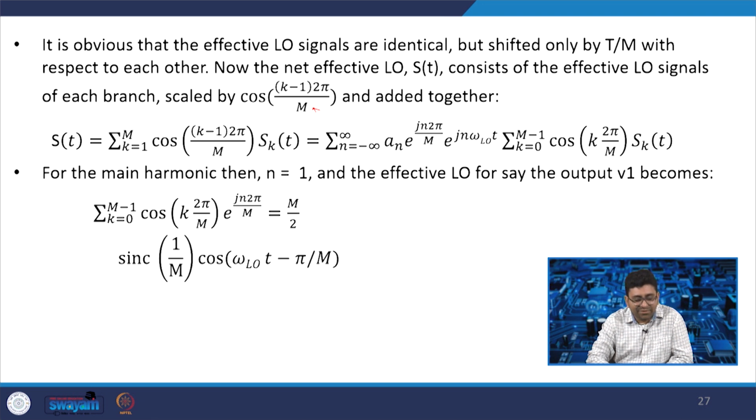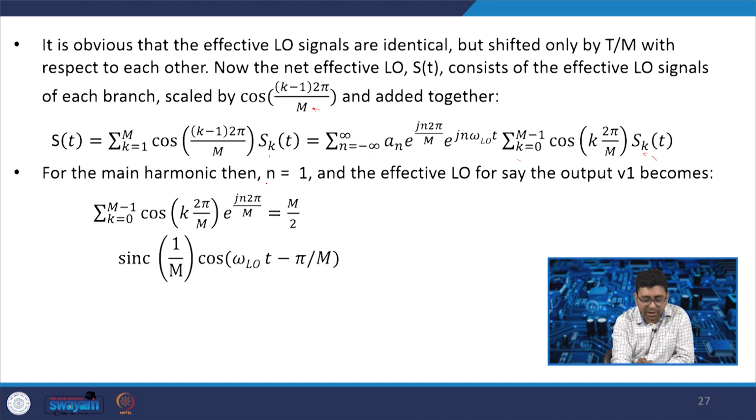So, S(t) we can write as sigma k equal to 1 to m of cos((k-1) 2 pi / m) into S_k(t). We can get sigma n from minus infinity to infinity a_n e^(j n 2 pi / m) e^(j n w_LO t) into sigma k equal to 0 to m minus 1 cos(k 2 pi / m) into S_k(t).